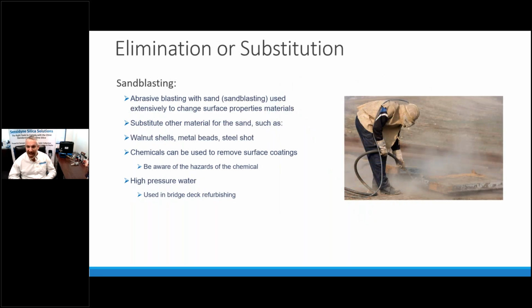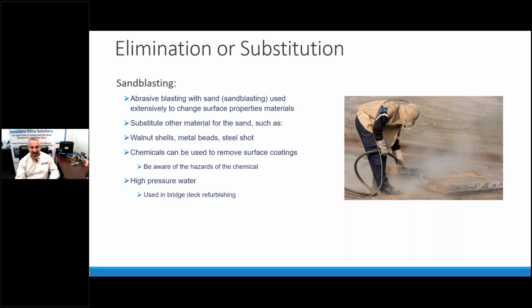Things like sandblasting, again, there are specific blasting hoods and equipment that can be used. When it comes to substituting materials, instead of using silica as a material, we can substitute that out for walnut shells, metal beads, and steel shot.